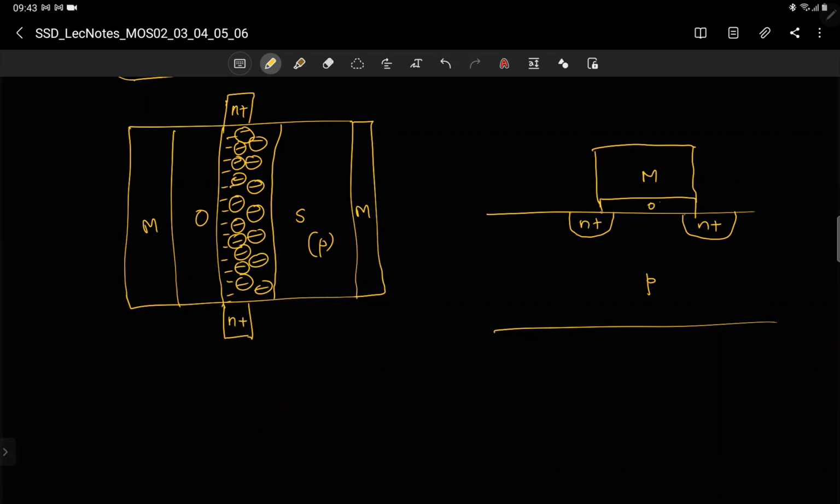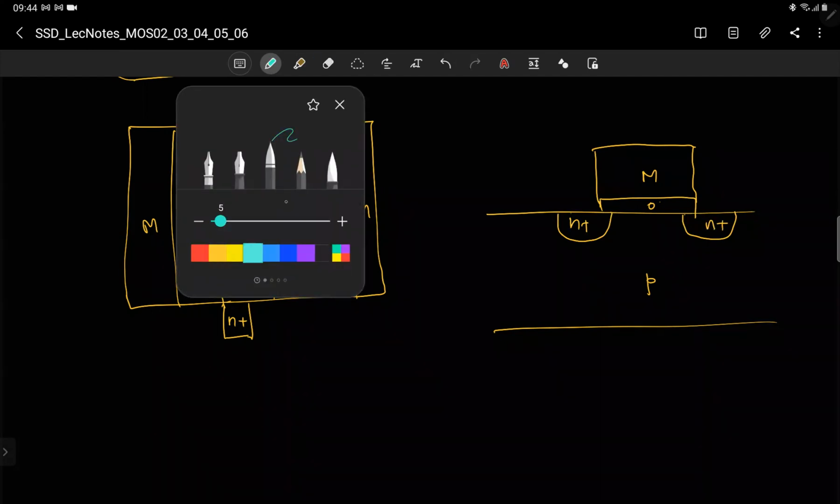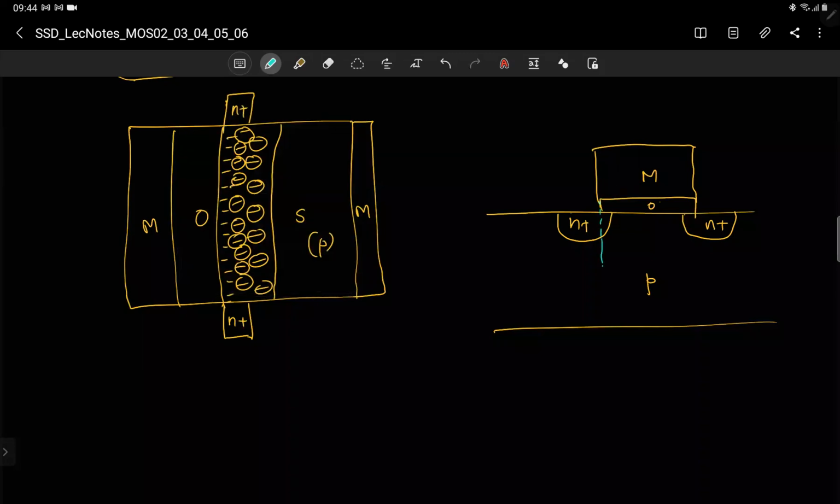Now we have an N plus region, and I have my earlier MOS cap like this. So this N plus is contacting.